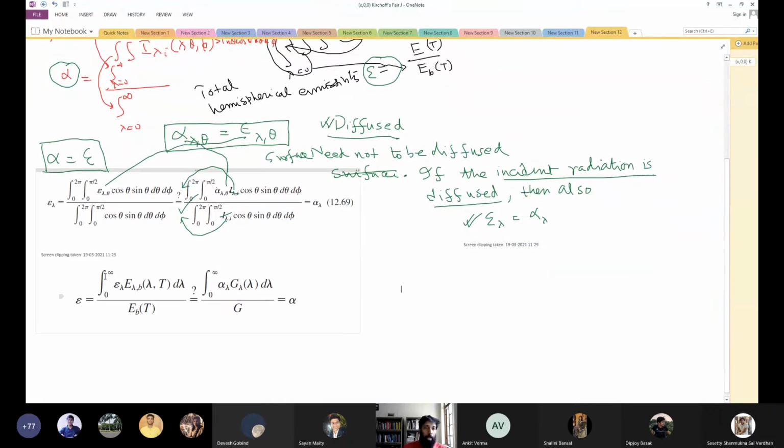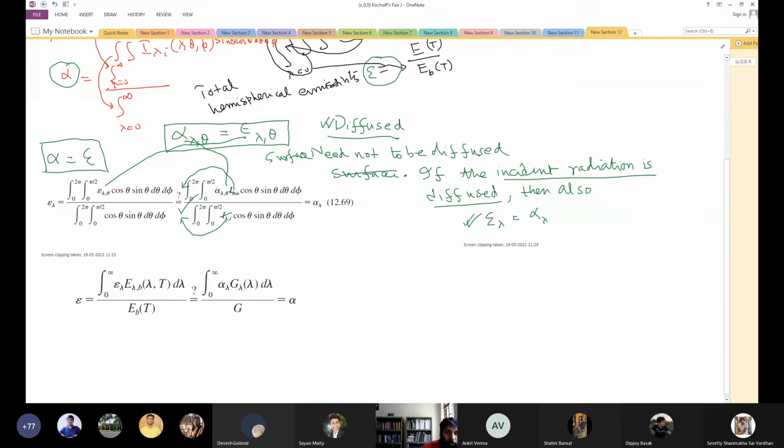Now let us ask what happens here. Suppose we got such a condition that epsilon lambda equals alpha lambda.